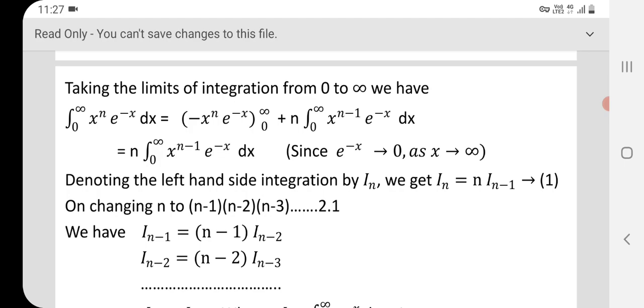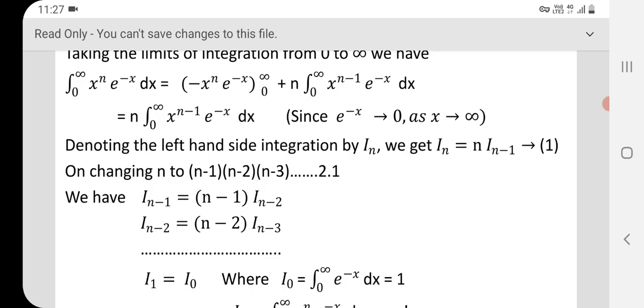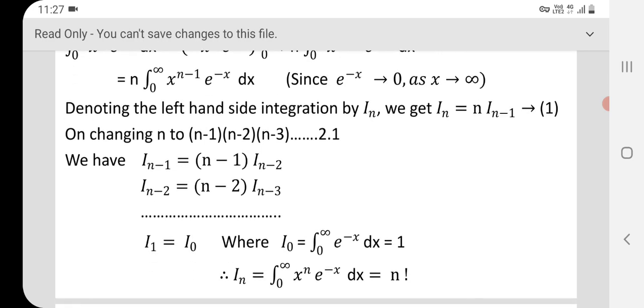On changing n to n minus 1 first, secondly n minus 2, and thirdly n minus 3, and so on, finally we get I of n minus 1 equals n minus 1 into I of n minus 2, and I of n minus 2 equals n minus 2 times I of n minus 3, etc. Finally I of 1 equals I naught, where I naught equals integration from 0 to infinity of e power minus x dx.